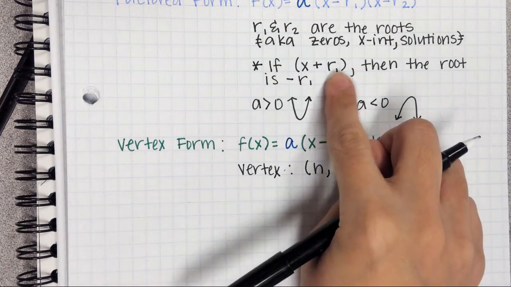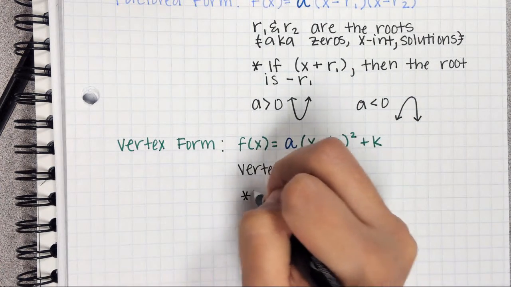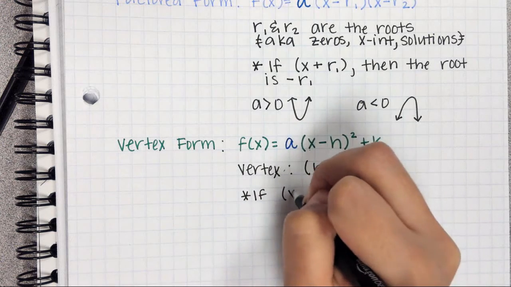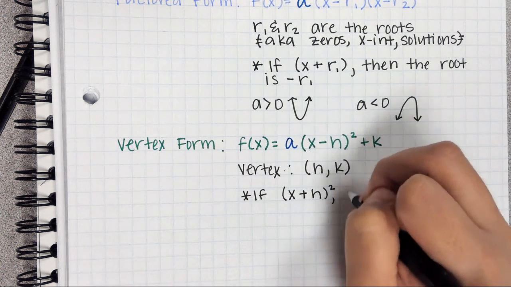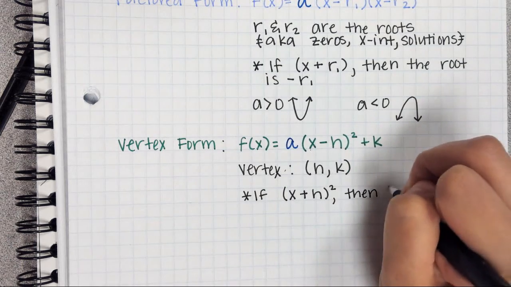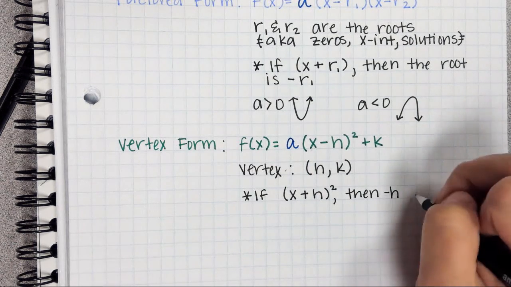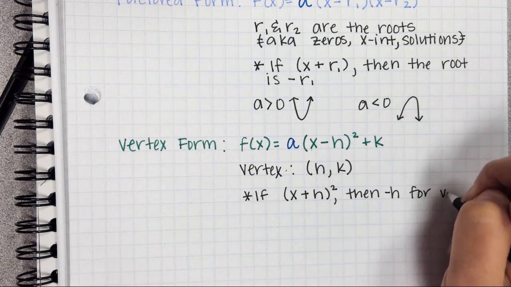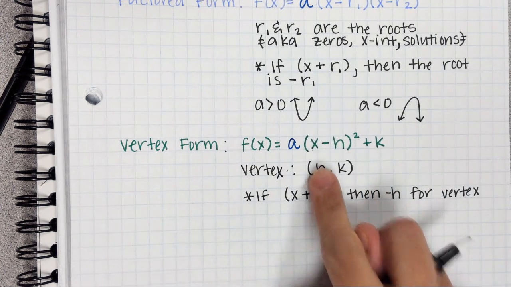Now note, just like above, notice how it's minus here. So if it's x plus h squared, then h is negative for the vertex. If it's minus, your h is positive.